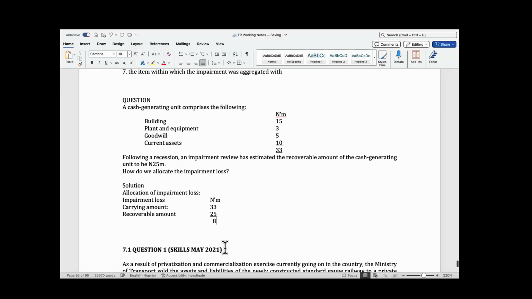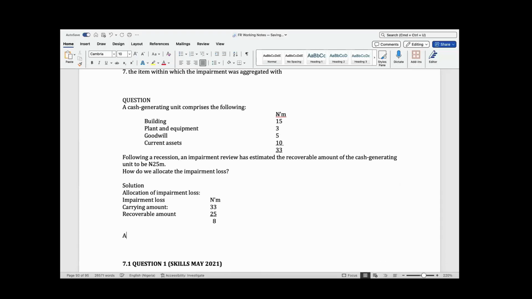So to allocate, the allocation of the impairment loss: first, the original value, the impairment loss, then the new value.